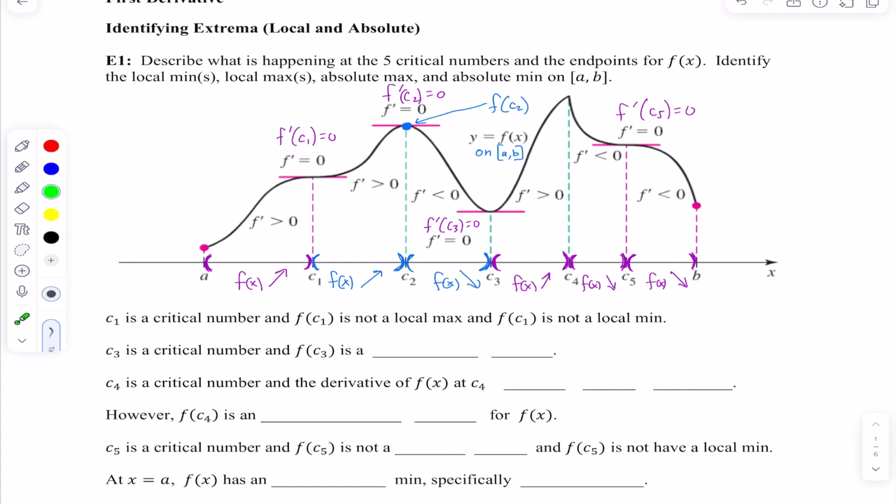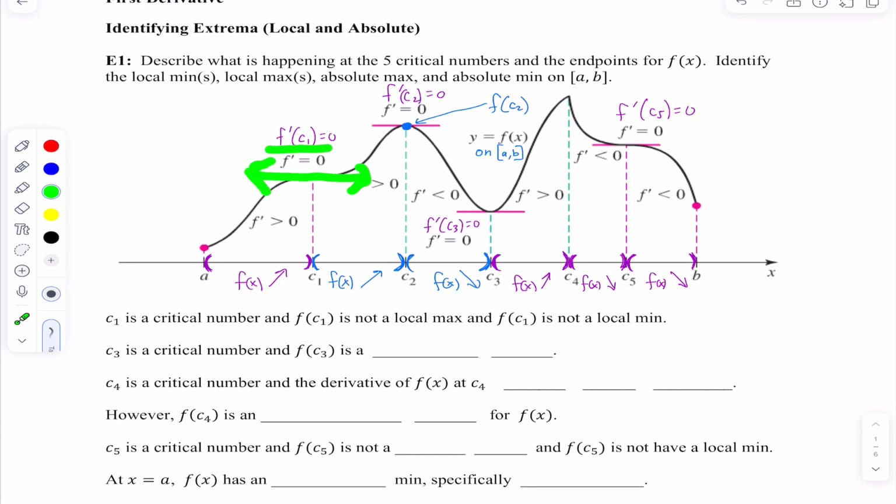So notice that we have 5 critical numbers in this following diagram, and they're located here on the x-axis. Now, if you describe the function relative to the critical numbers, then we want to analyze the slope of the tangent line evaluated at that critical number.